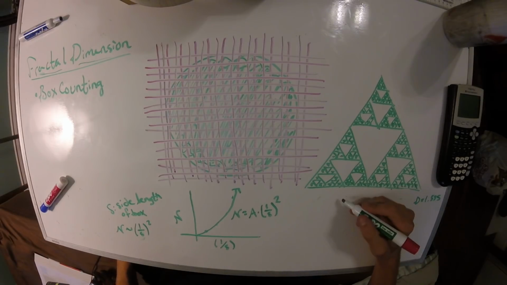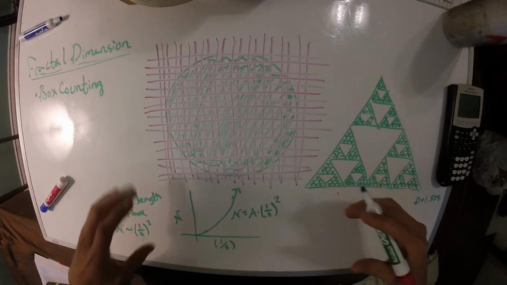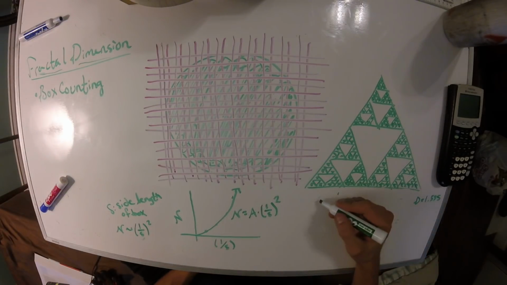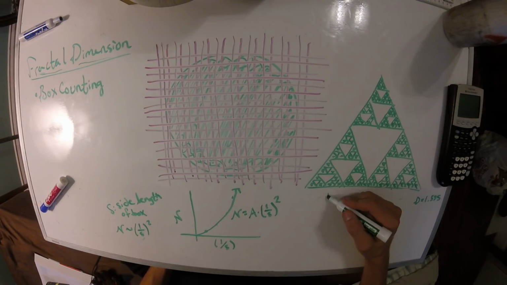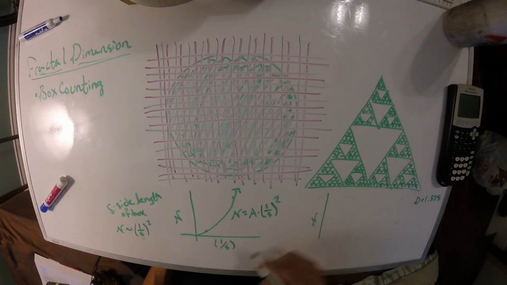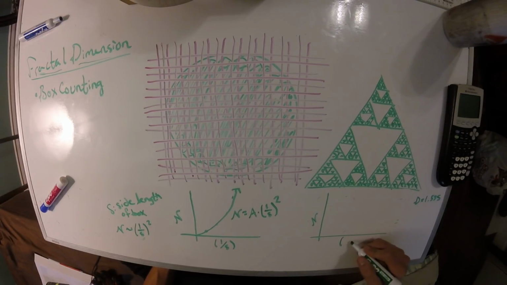For this one, if you did the same thing, you make a bunch of different grids with different box sizes. If you plot n, the number of boxes that are touched by the Sierpinski triangle, over 1 over s, you should get, again, something that curves upward but not as fast.